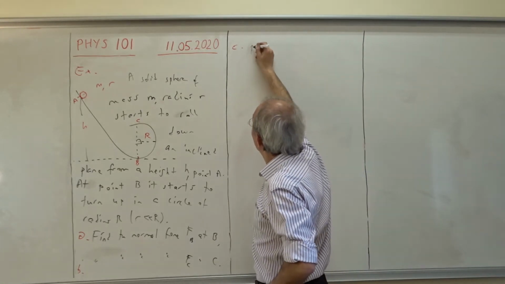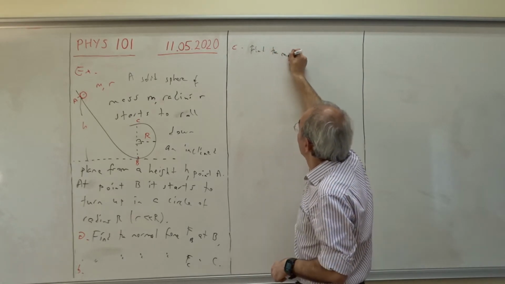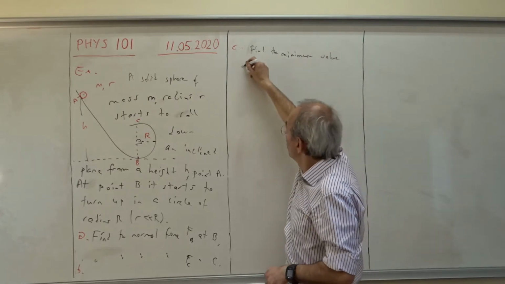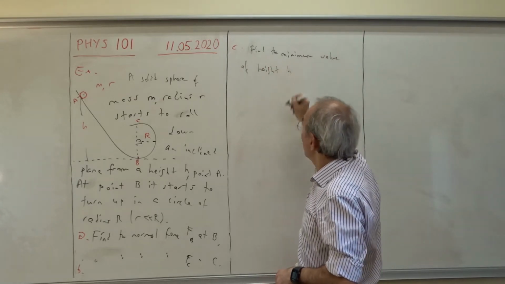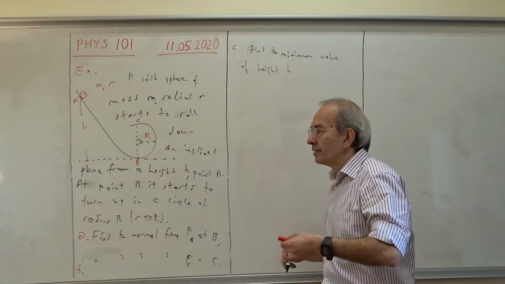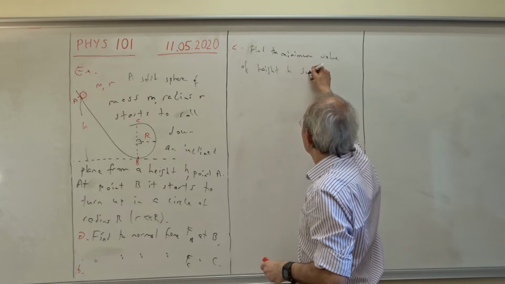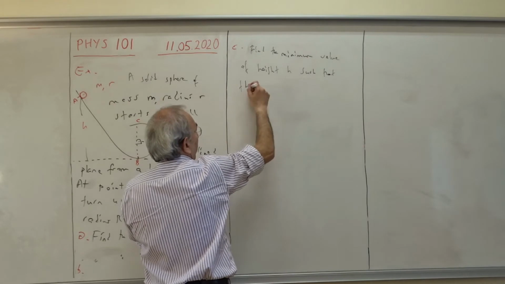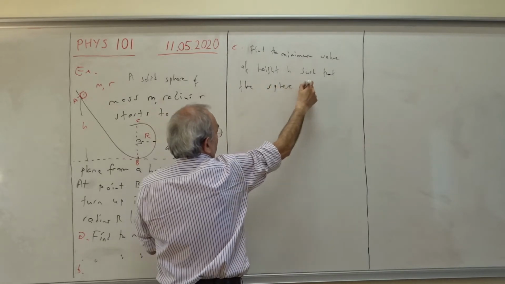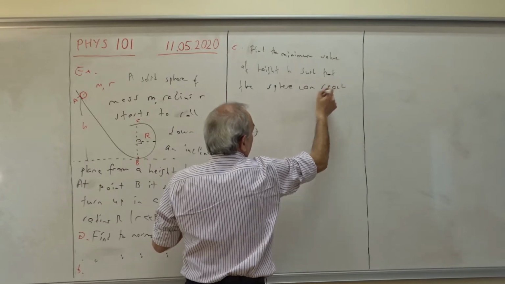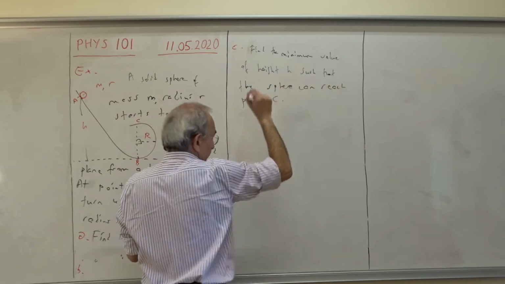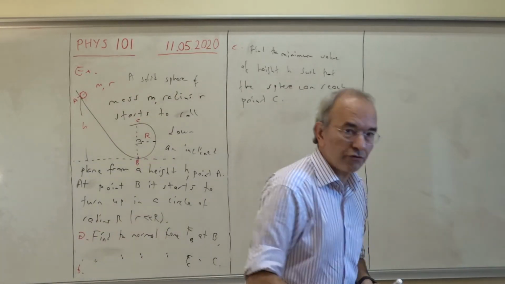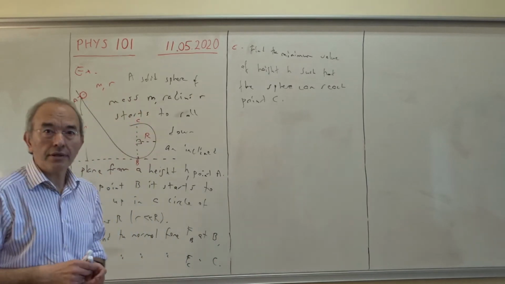Find the minimum value of height h such that the ball or the sphere can reach point C. So this much was already familiar because we have solved it. However, let me repeat the difference.